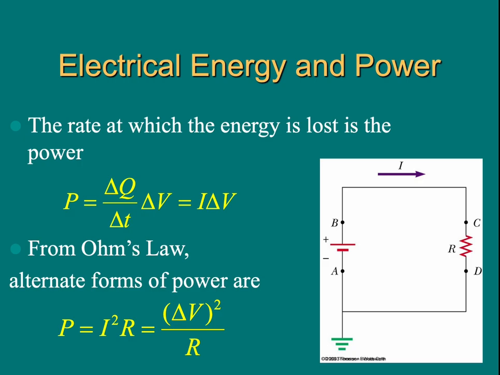We also know delta Q over delta t is current I, so we have power of a circuit should be I times delta V. Now, Ohm's law also tells us delta V equals I times R. So we can calculate power of an electric circuit using three different equations: delta V times I, I squared times R, delta V squared over R. Those three expressions all can be used to calculate electric power of a circuit.